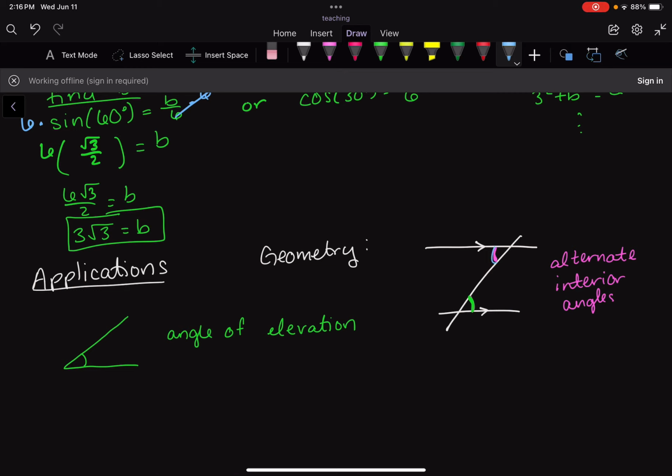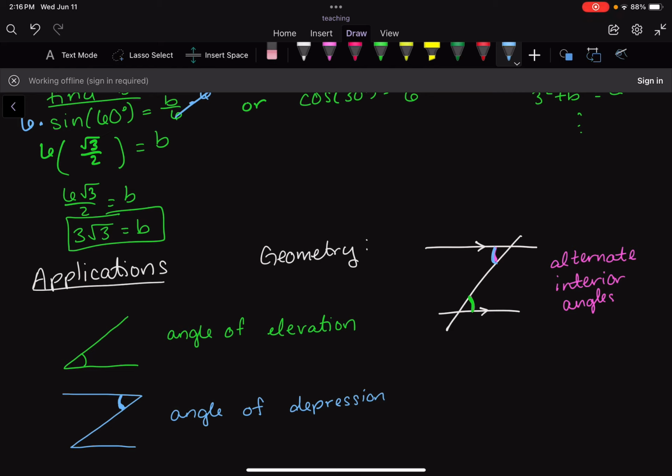Then we have something called the angle of depression. So let me draw this one for us. It's here. This is the angle of depression.